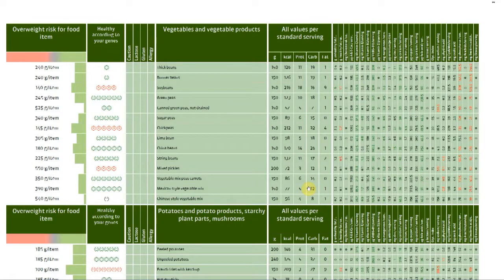For you to use it, really just eat more of the green smileys, eat less of the red smileys, the unhappy faces. And sometimes you might even see in meat, all of it is bad, but some of it has six red smileys, unhappy faces, and some of it has 2. So you should just prefer the ones with fewer unhappy faces.